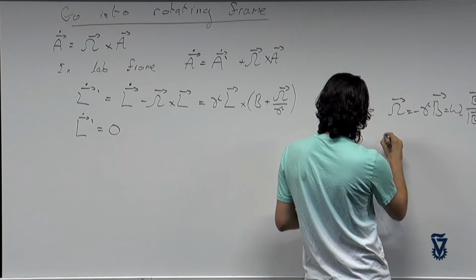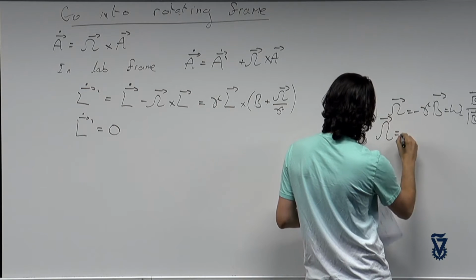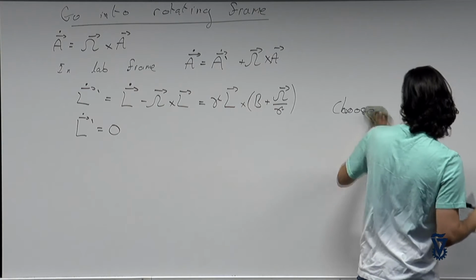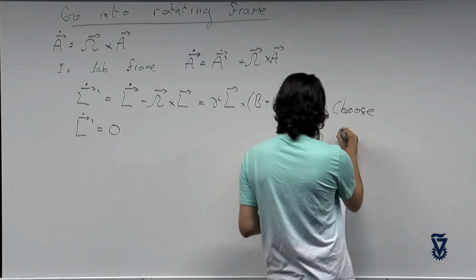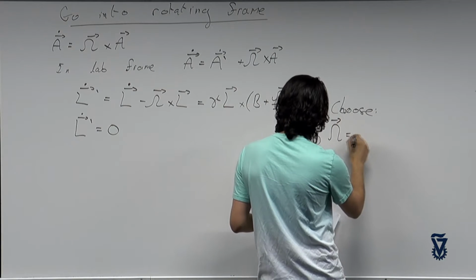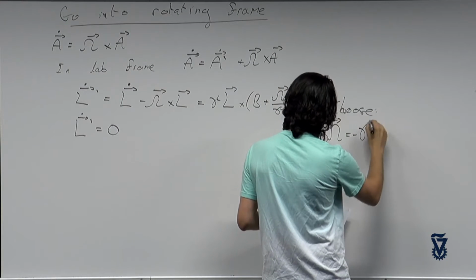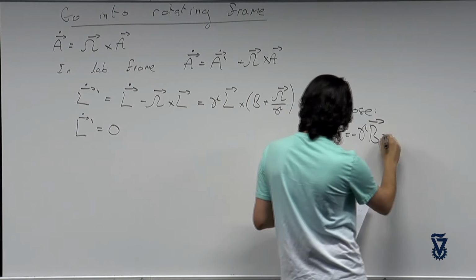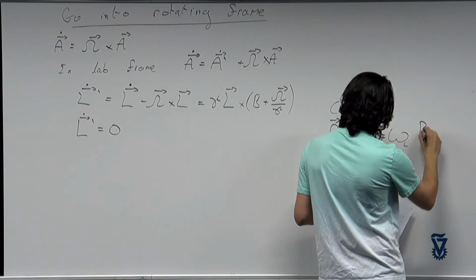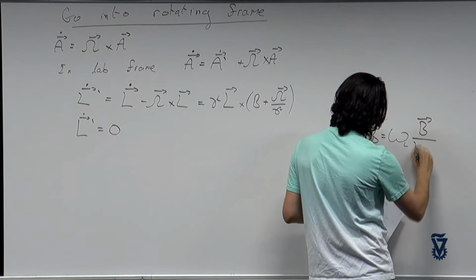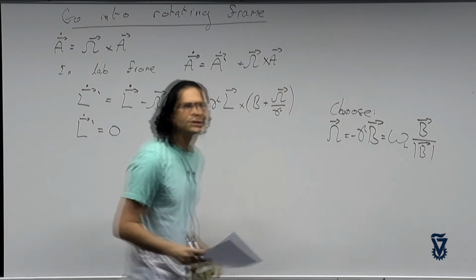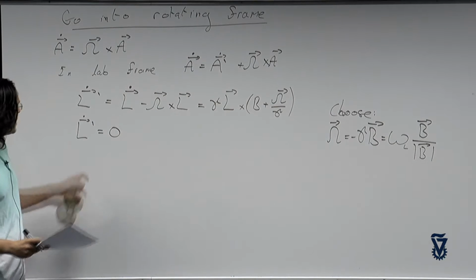Omega equals minus gamma B. So this is the Larmor frequency: B, the magnetic field, over the size of B. Great, thank you.